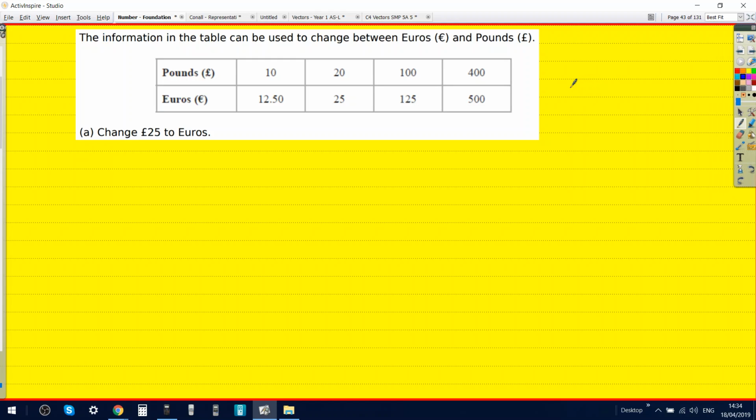Okay. How about this one? So we're going to use euros and pounds. Change 25 pounds into euros.